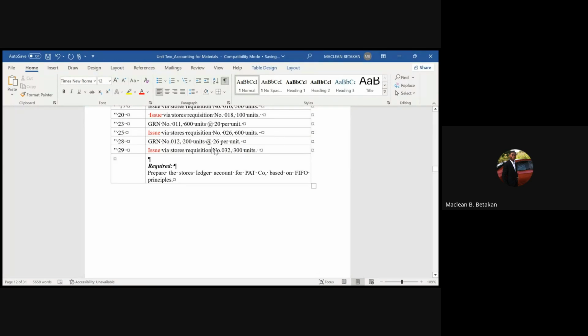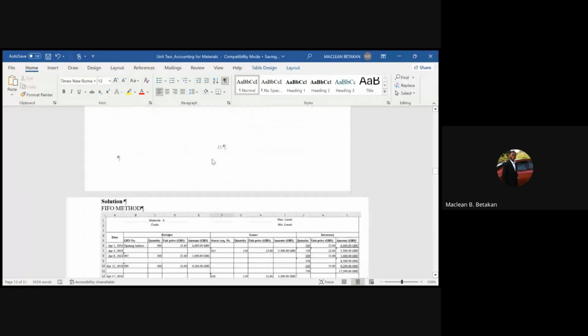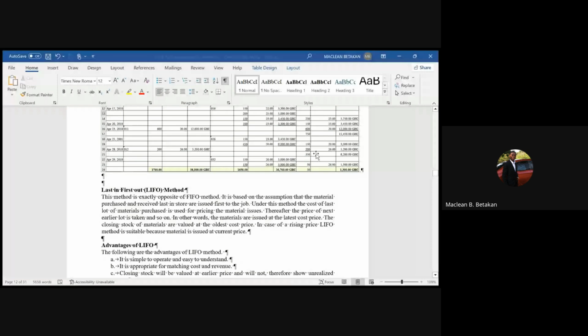You know that there was 150 inside that we did not issue. That was the first transaction there, so issue that 150 out. If you are issuing 300 and you issue 150, how much is left? 150.